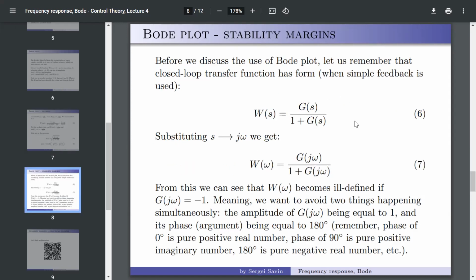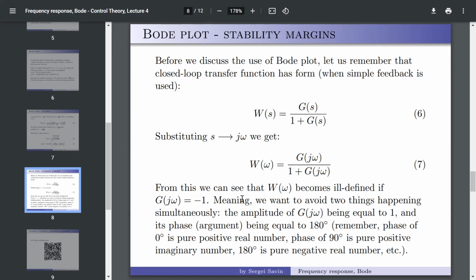G of s is a transfer function. We use its concrete value to make a Bode plot. And on the Bode plot, we're going to pay extra attention to this -1 condition that I discussed. Exactly.